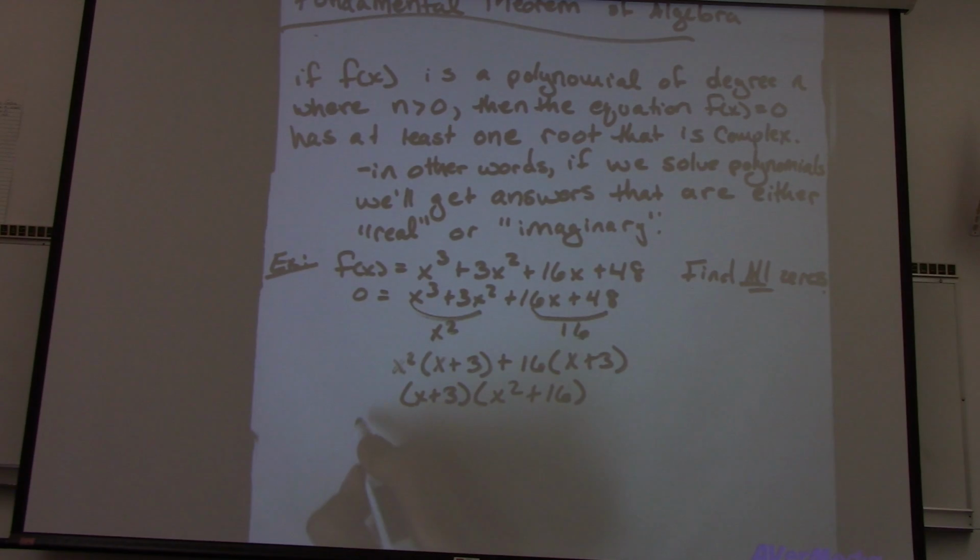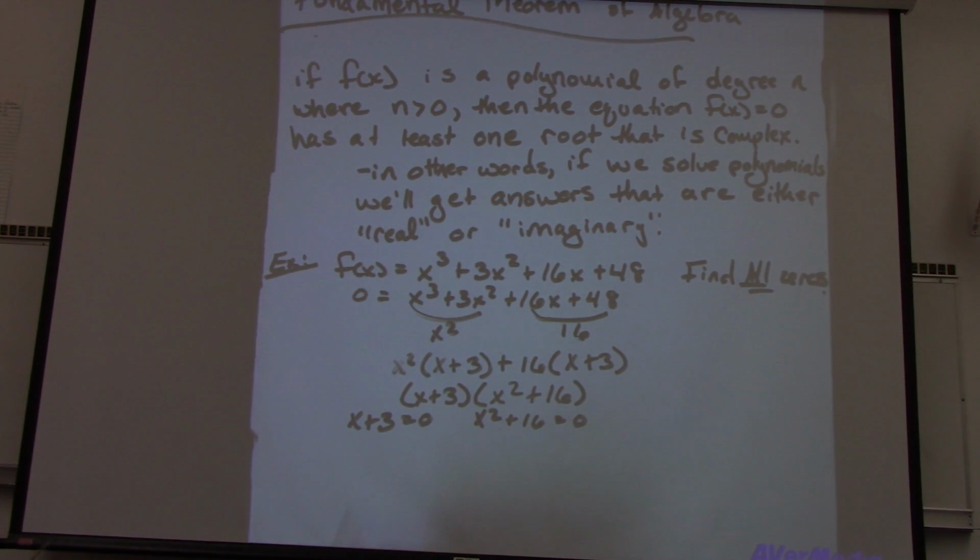So if I want to find the zeros, just like always, we set each parenthesis equal to 0. Subtract 3 and I get negative 3. Subtract 16, I get negative 16, and then what do I do to get rid of the square? Square root it. What is the square root of negative 16? Plus or minus 4i. Don't forget the plus or minus sign.